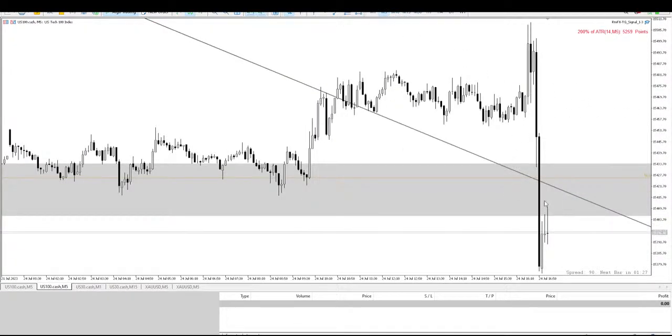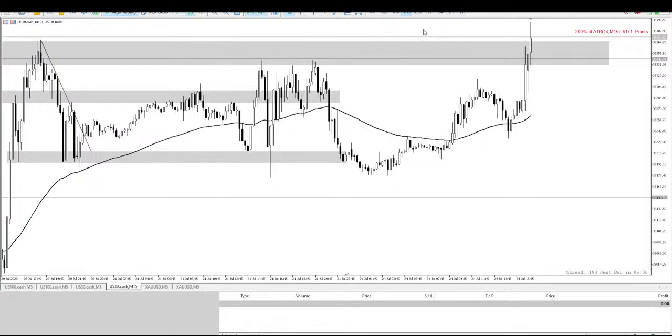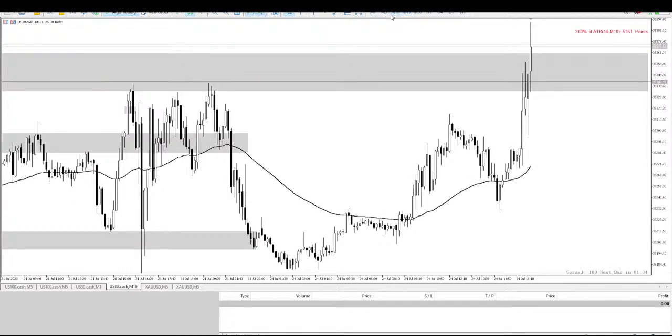Okay, so NAS is retesting that area now. I really want a better retest than that though. Let's see what US30 is doing. Yeah, it's stalling out here for some reason.